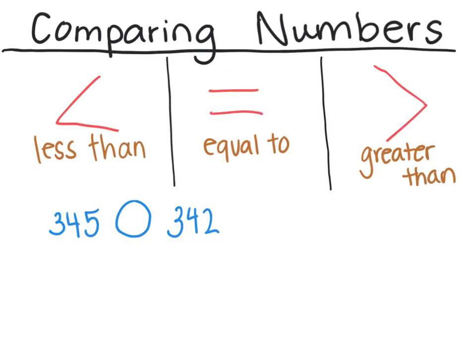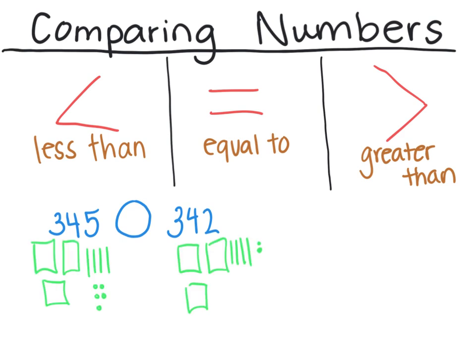So for example, I have two numbers, 345 and 342. I can draw both these numbers with base 10 blocks with my quick pictures. And then I can look at these to try to compare them. We start by looking at the biggest place. So in this case, that's the hundreds place.